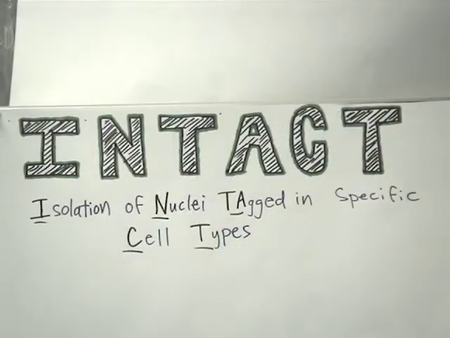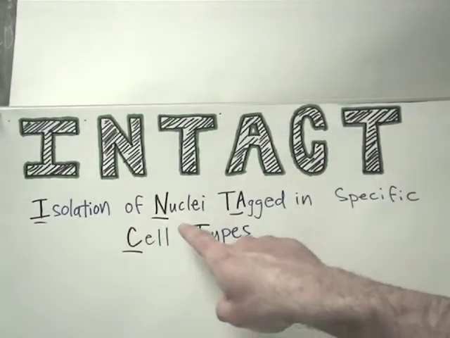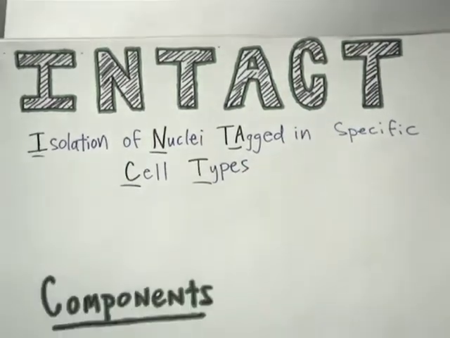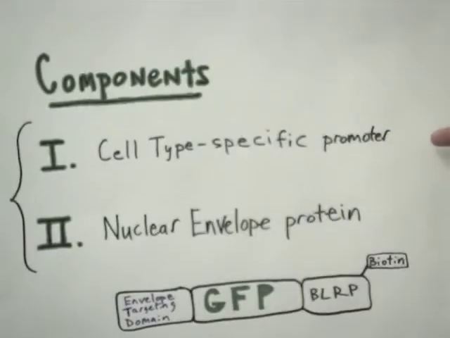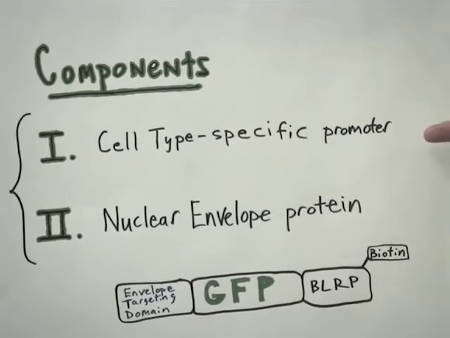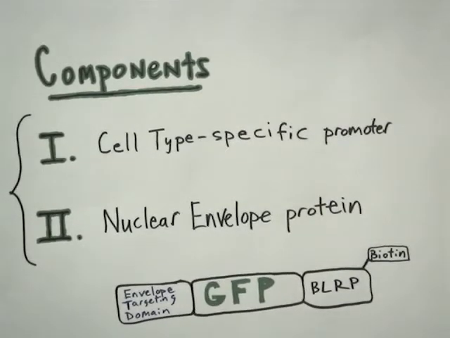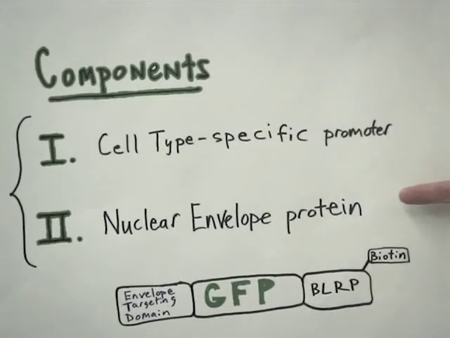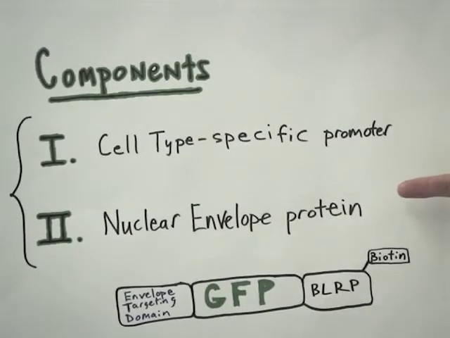We call this method INTACT, for isolation of nuclei tagged in specific cell types, and there are two components to this system. One is a cell type specific promoter or enhancer trap that's expressed in the cell type of interest and not in nearby cells. And the second part is an affinity tagged nuclear envelope protein.